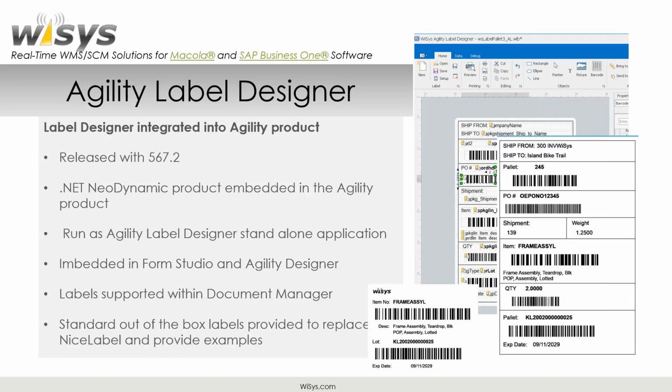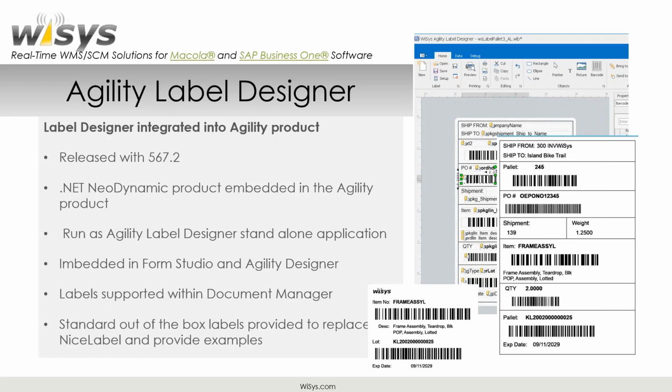We are using a .NET NiceLabel Dynamic product. It is embedded in the Agility product, and you can run it from the Label Designer, you can run it from Form Studio, you can run it as a standalone application, and you can open it up from within the Document Manager to manage them easily from inside Document Manager.